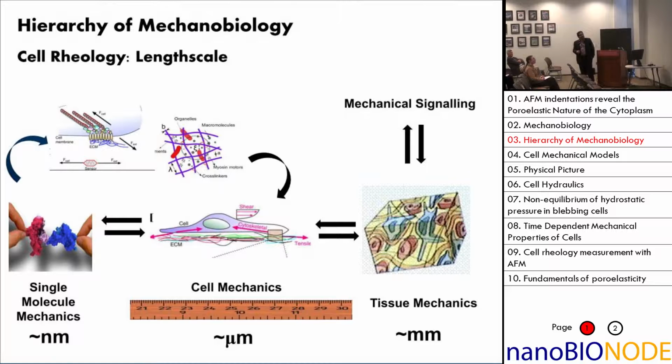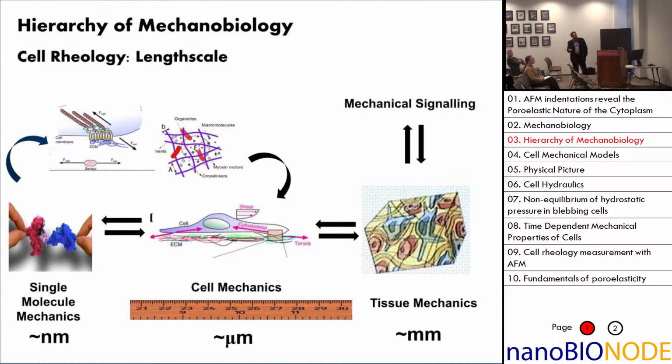Another concept in measuring mechanical properties of the cell is the length scale. The mechanical properties that we are looking at can vary a lot depending on the tool that you are using to measure the properties. If you go to the intracellular scale, the scale of proteins and single molecules, you are talking about nanometer scales.